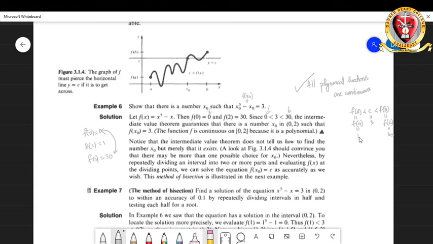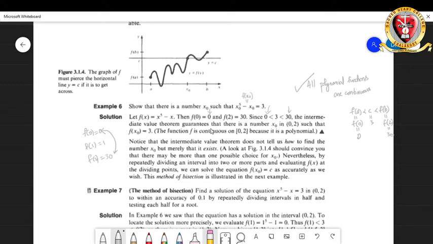So this is what we obtained: 0 strictly less than 3 strictly less than 30. Now since our function is continuous and this 3 is lying in between 0 and 30, intermediate value theorem says that there exists a number x naught in between the domain points 0 and 2 such that f of x naught is equal to 3.